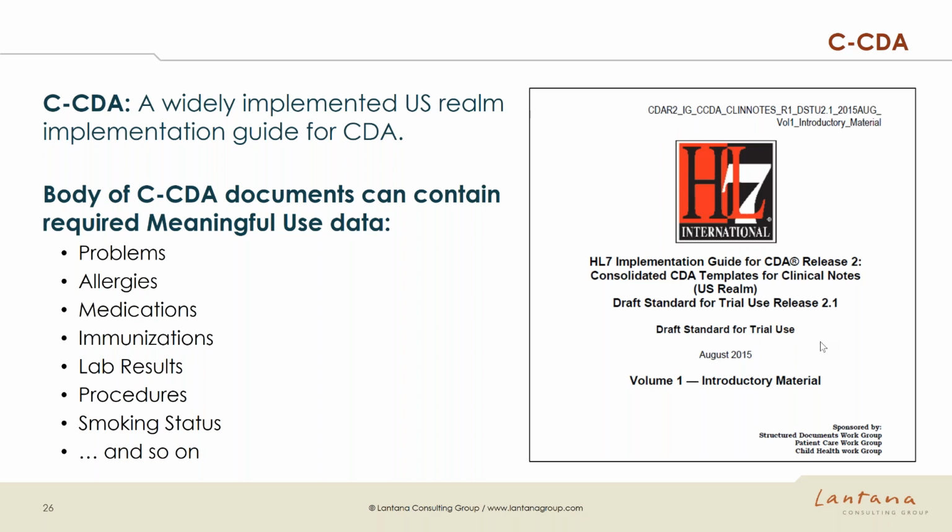Some document types have optional coding, others have required coding. Most of the summary documents that you see exported from EHRs, for instance, are required to contain a high level of coded information, such as problems represented in SNOMED or ICD-10 and such. But again, that's not true of all document types, and I'll describe that in a little more detail later when I talk about the various body types.